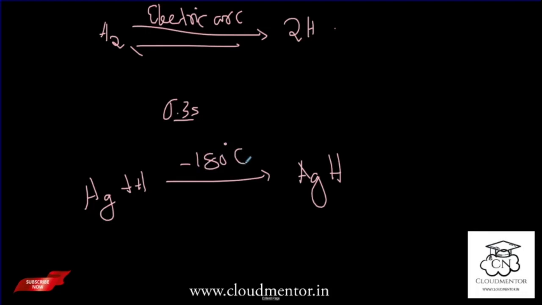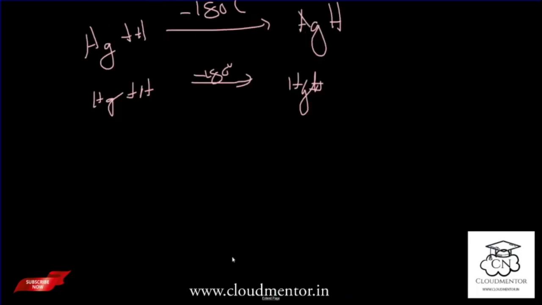Also, mercury reacts with them to give hydride. And the third one we need to note: it is a more powerful reducing agent, as it reduces oxides, chlorides, and sulfates of certain metals like copper, mercury, silver, bismuth, and so on at ordinary temperatures.